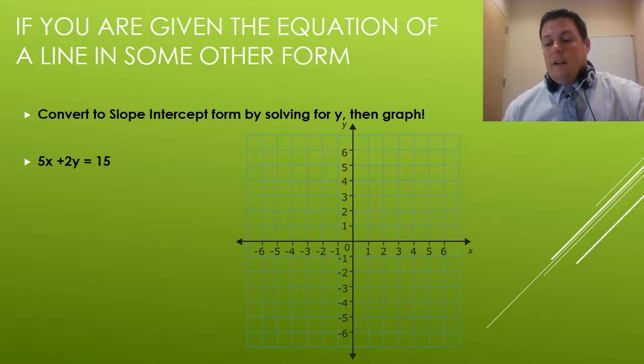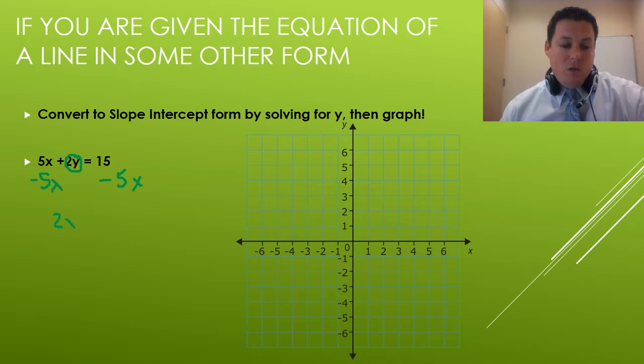Lastly, we have the scenario where we're given an equation that might not look like slope-intercept form, so we have to change it. So what we want to do is we want to isolate the y. So to get the y by ourselves, we have to move everything over. So we're going to subtract 5x from both sides first to start getting the y by itself.